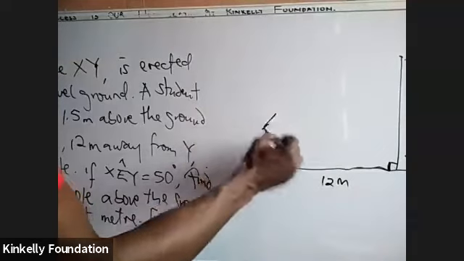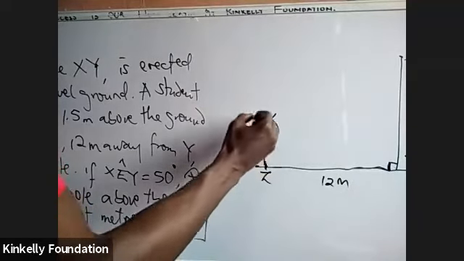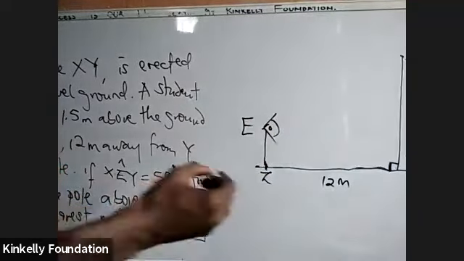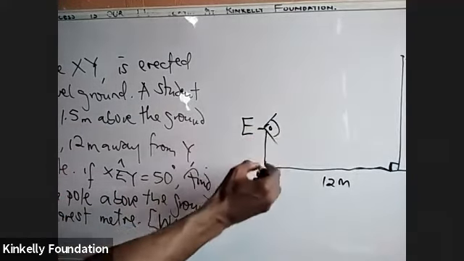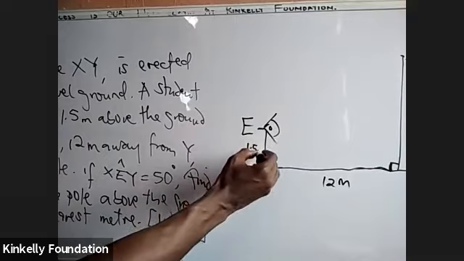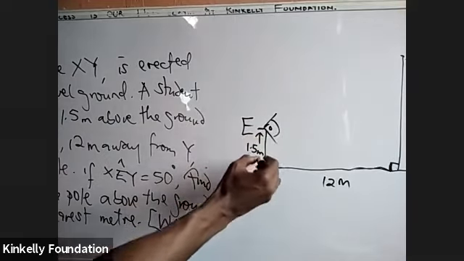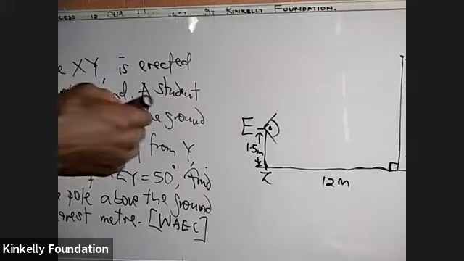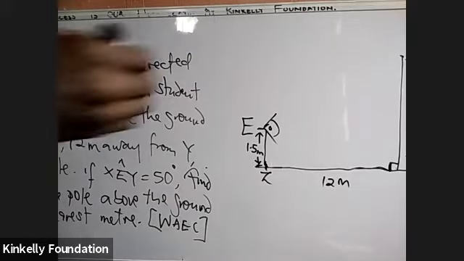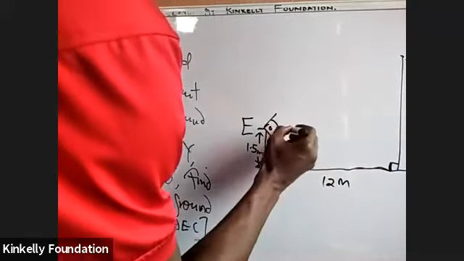His height, point E, is standing 1.5 meters. That is from this point to this point is 1.5 meters. The student is standing 1.5 meters above the level ground, and this is the student's normal eye level.